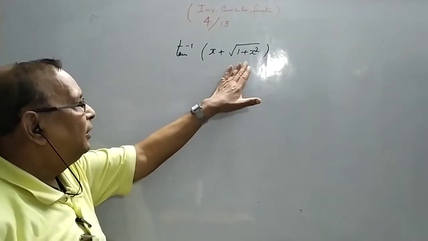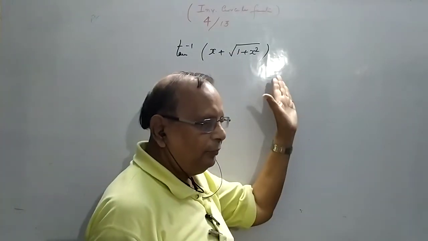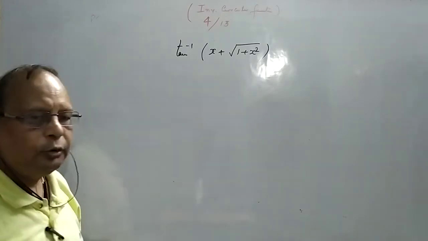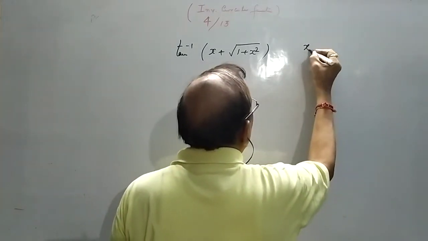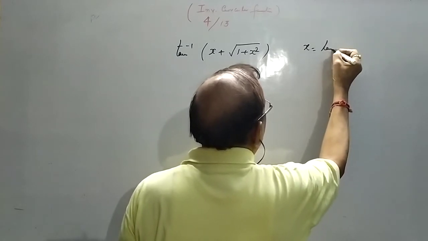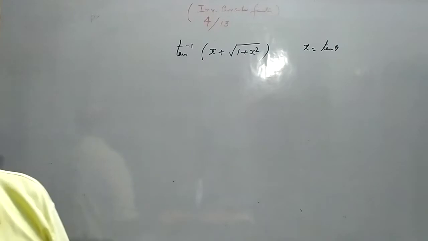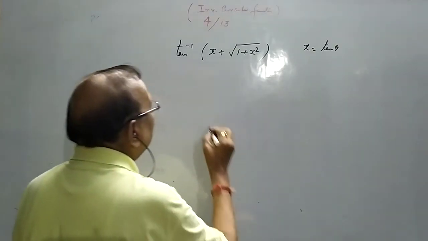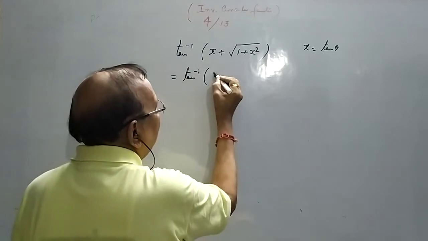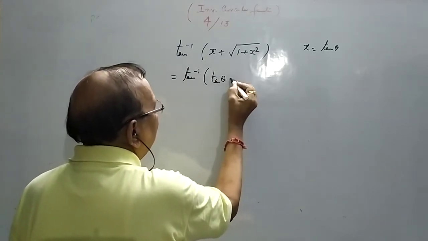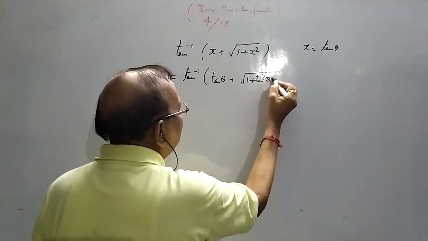What is the substitution? Here, according to the guideline, x must be tan theta, as it is equivalent to under root a square plus x square. That is equal to tan theta plus under root 1 plus tan square theta.